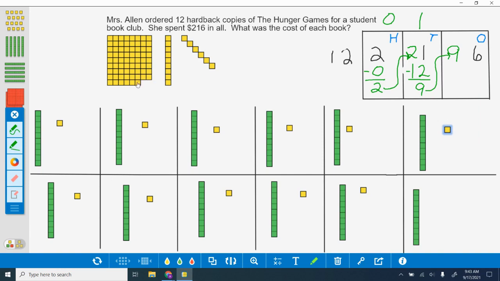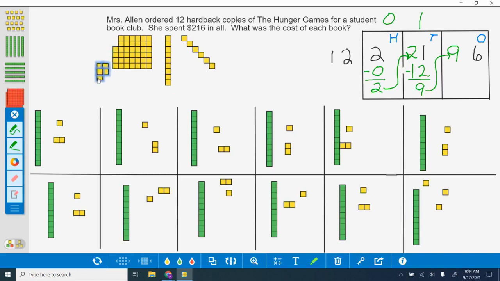Well, I know that 12 groups of 1 is 12. So I think there's more than 12 left. I'm going to try placing 2 ones in each of our 12 groups this time. All right, this time I want to try to place a bigger number.